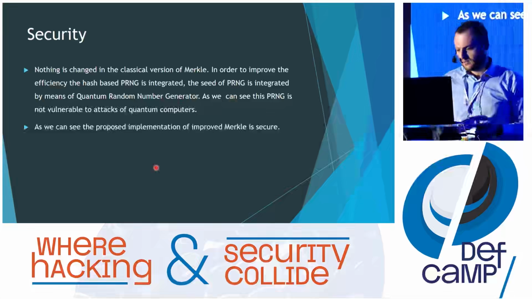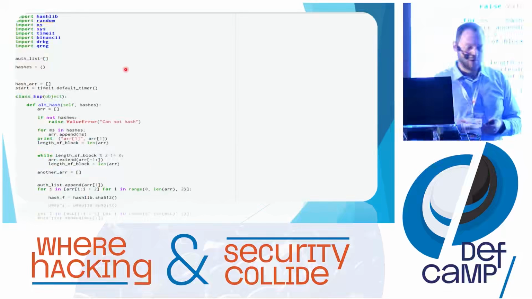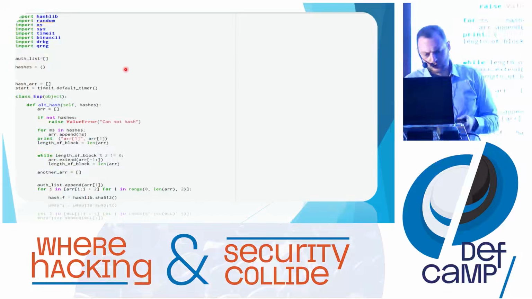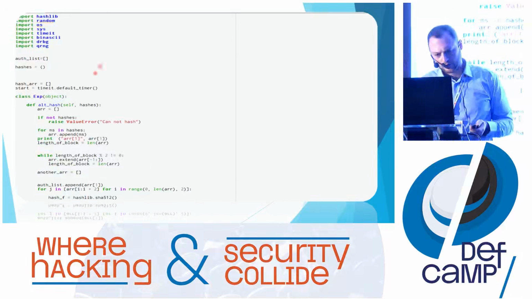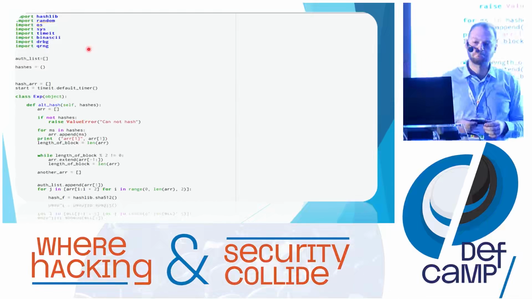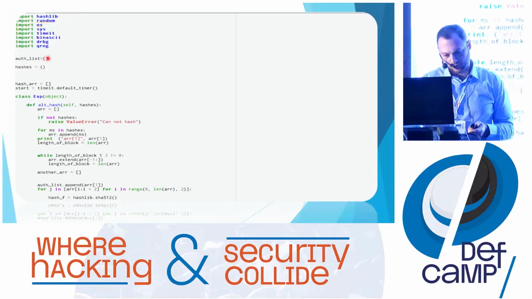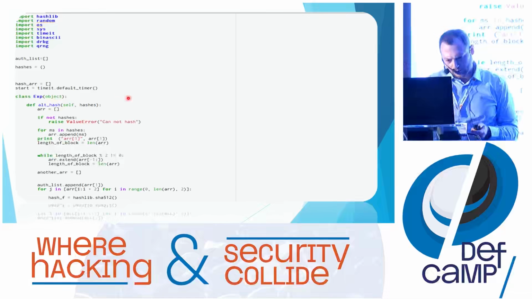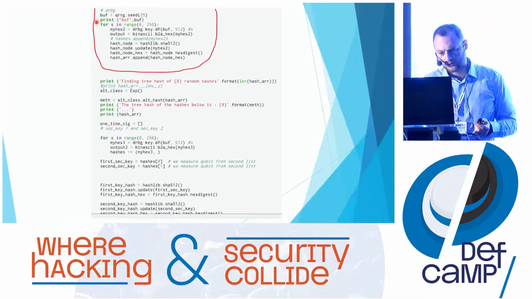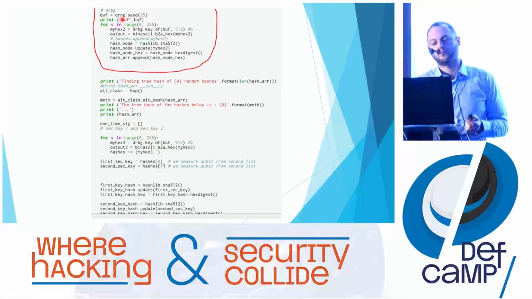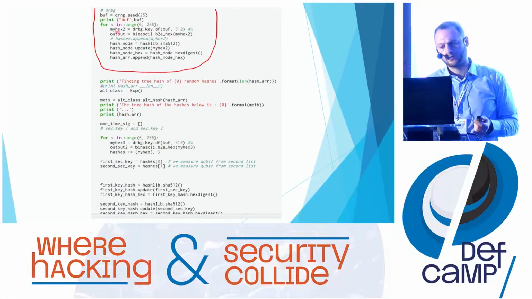So we have made the implementation of it in your familiar Python. Separately, we made the implementation of the DRBG and of the quantum random number generator. Here we are importing them. As you see, we are getting the seed from the quantum random number generator, and afterwards we are passing it to our DRBG.